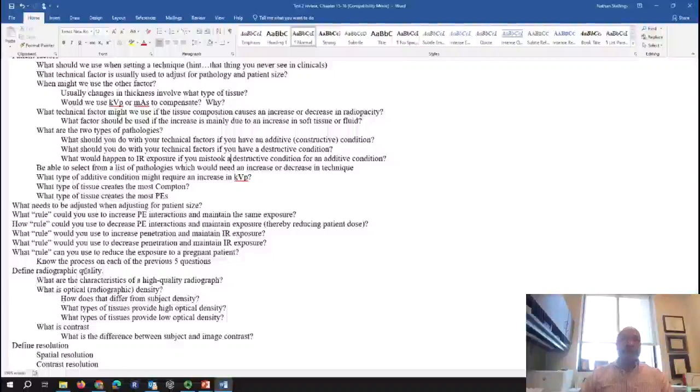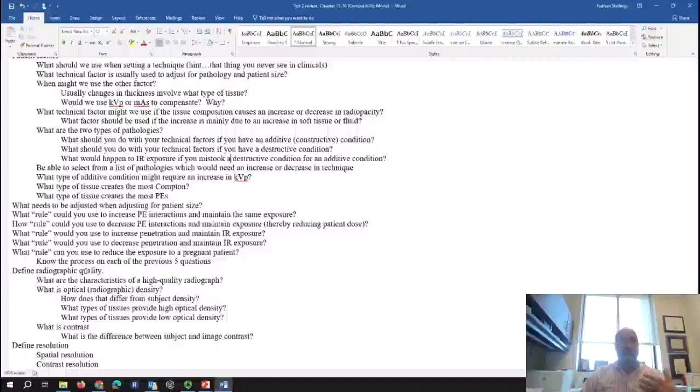So optical density is the darkening of the image. That's how black or white the overall image is, but certainly also the sections of the image, how dark are the darks. So subject density is kind of like the hardness of the tissue.